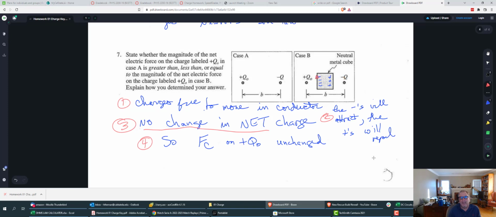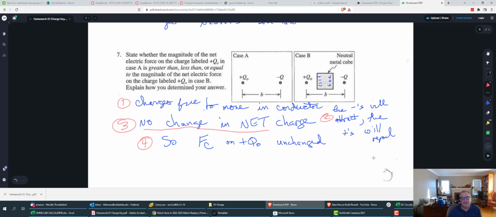the force of attraction from the cube might add to it, but it's not the case, because there's a balancing here. But the most important thing you'd have to quote is simply there's no net charge change. So if there's no change in net charge, then the force has to stay the same.